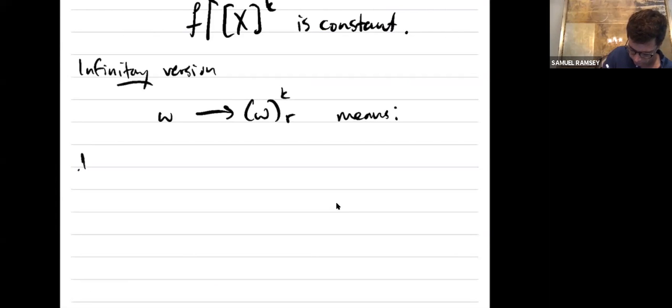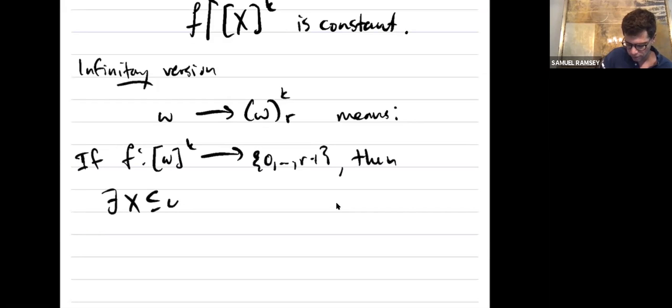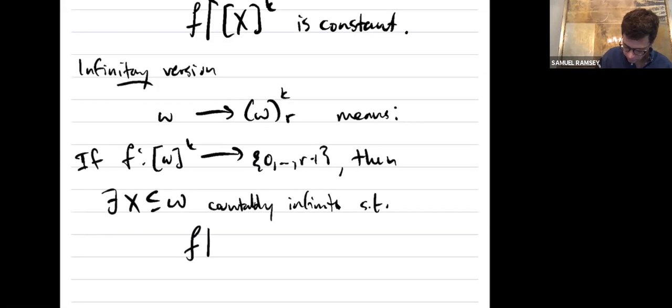It says if f is a coloring which goes from k element subsets of omega to some r element set, then there exists some X subset of omega which is countably infinite, such that if I restrict f to the k element subsets of X, then that's constant.